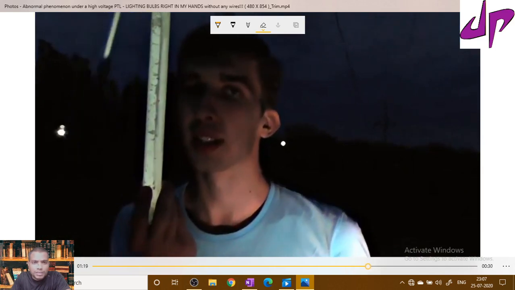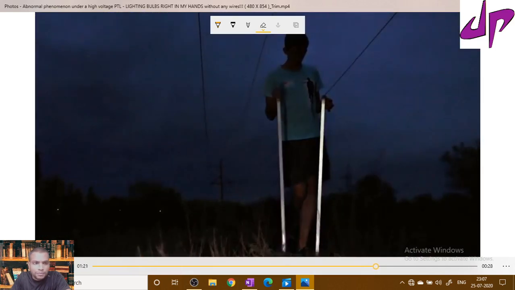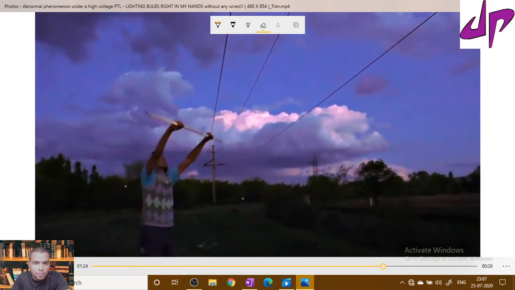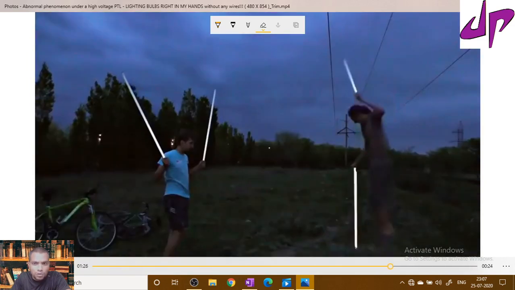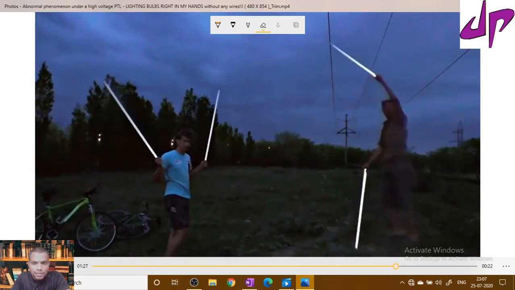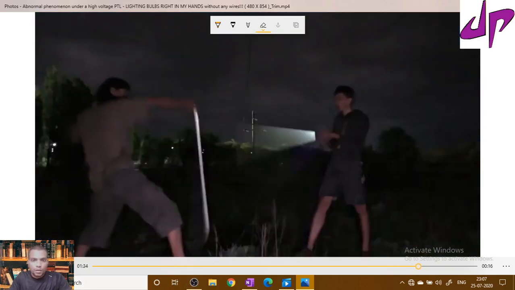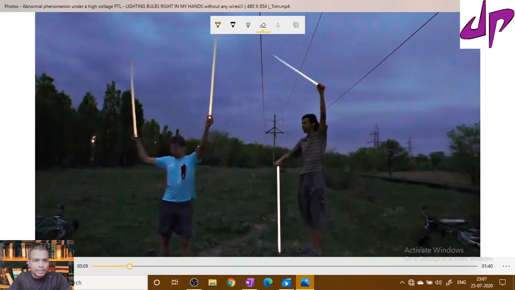Now if you can see, it is dark night time, so we can see the bulb glowing much more. Where is the source now? To glow a bulb, what do we require?